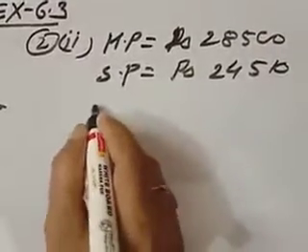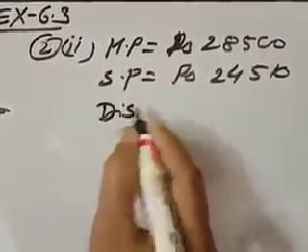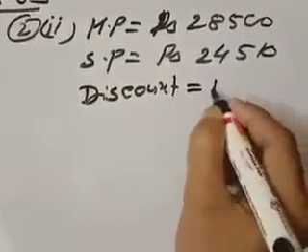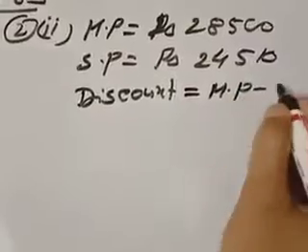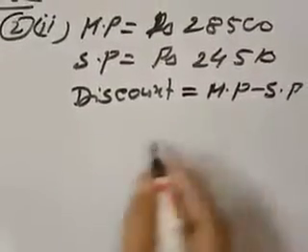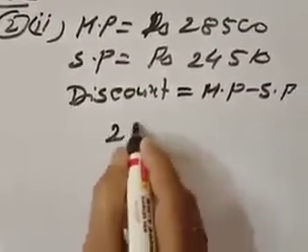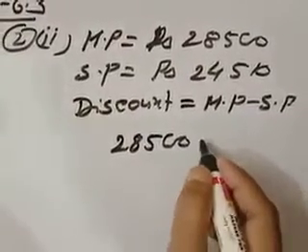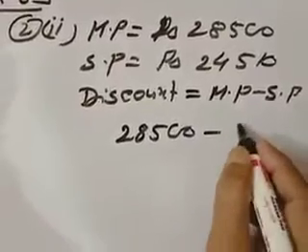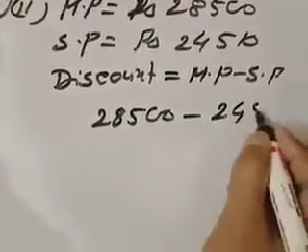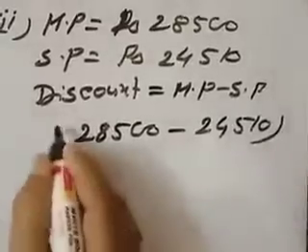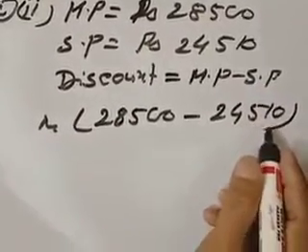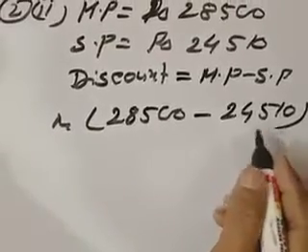Already I have told you the discount formula. Just now in the introduction I told you discount is equal to mark price minus selling price. Mark price is 28,500 and selling price is 24,510, and you find the discount from this.